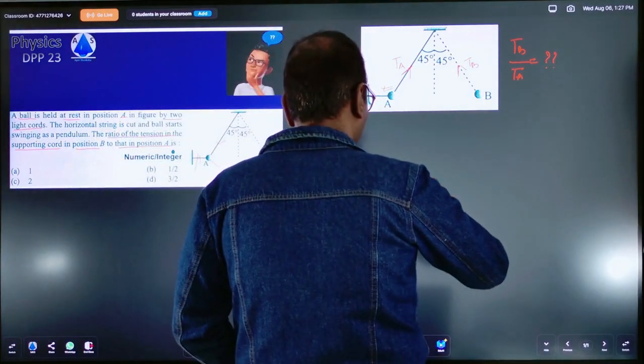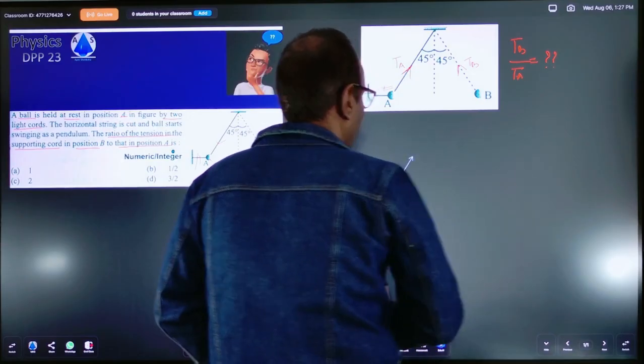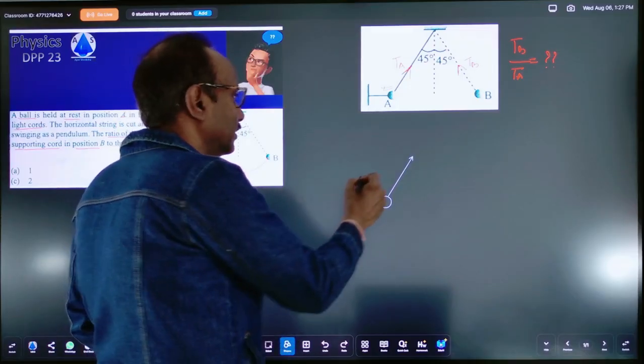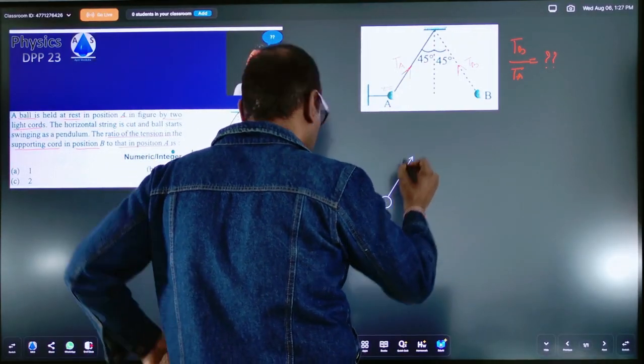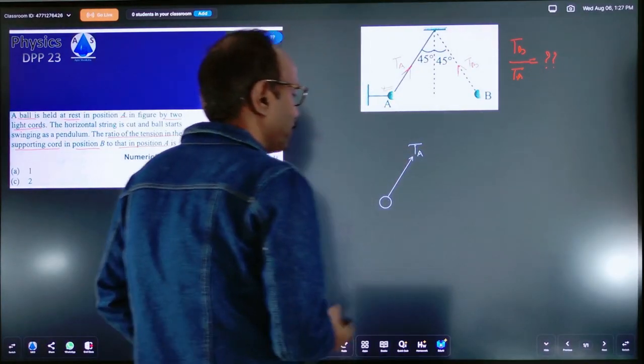We can show this is your tension force. Let us give it a name TA, T subscript A.